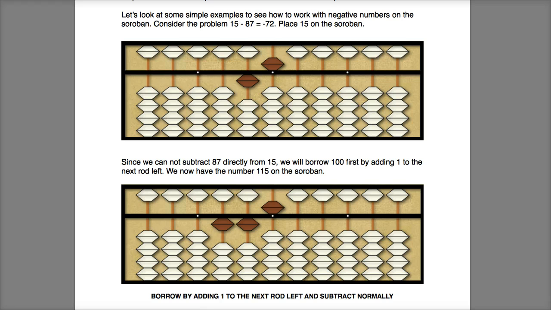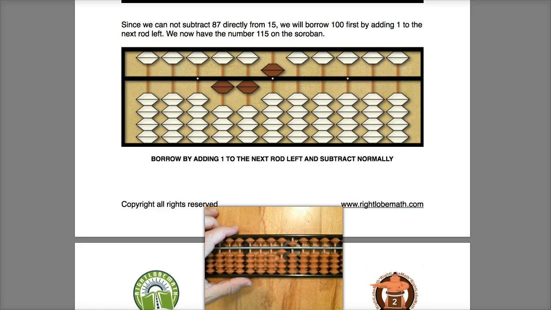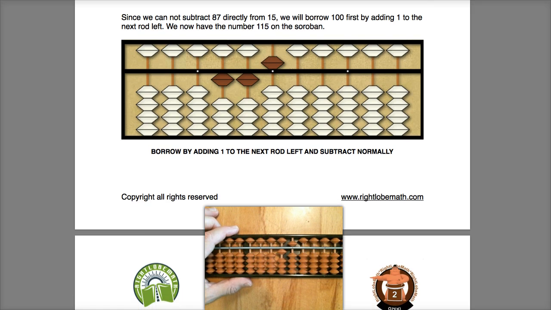Let's take the problem 15 minus 87. So I'll go ahead and put 15 on the soroban. And next we want to subtract 87, but we can't subtract 87 directly from 15, so we're going to borrow 100 first. And that will give us 115 on the soroban.